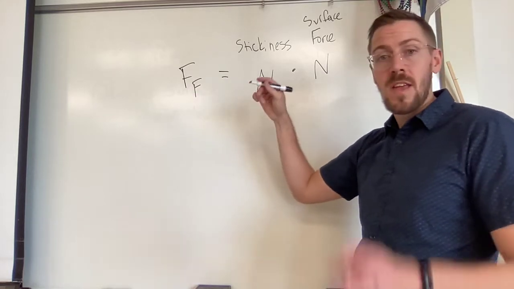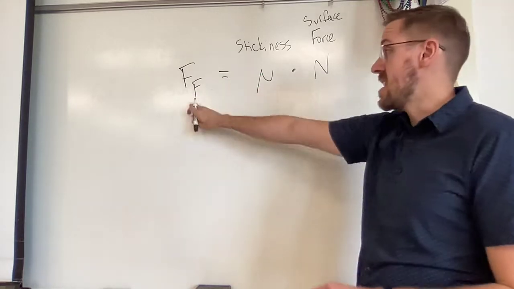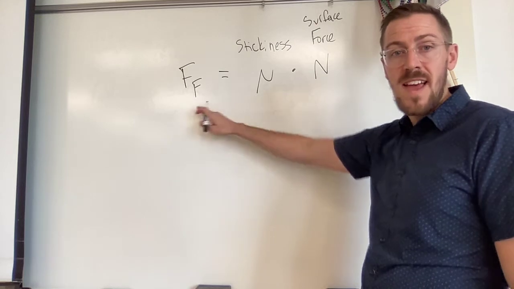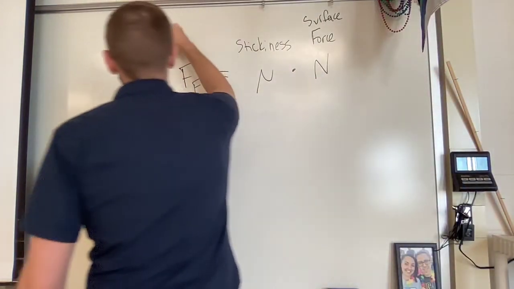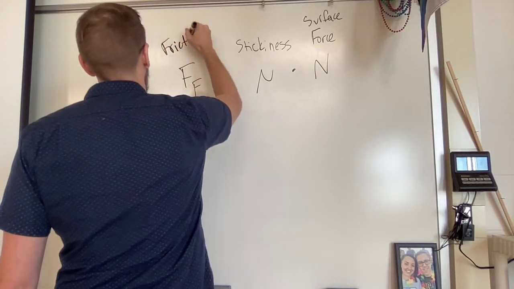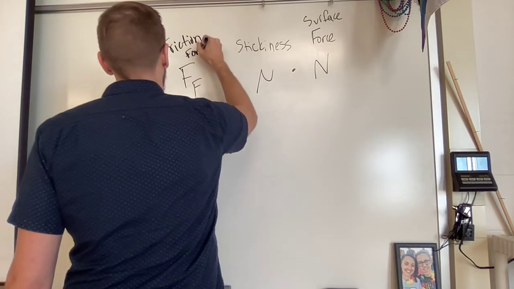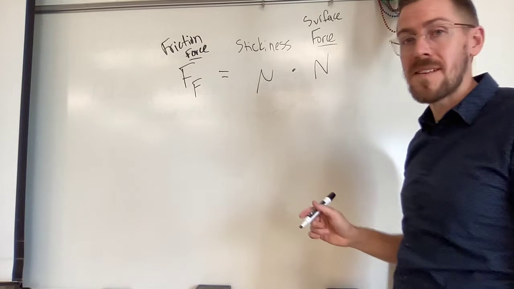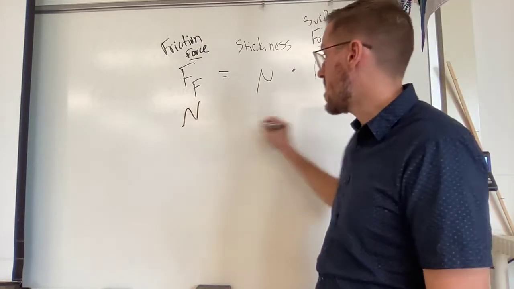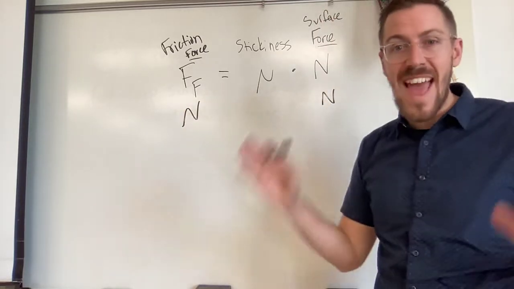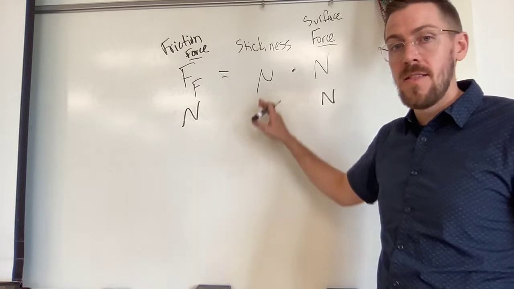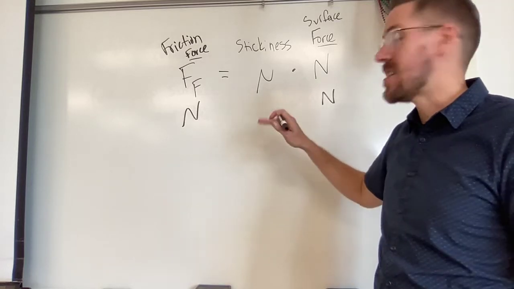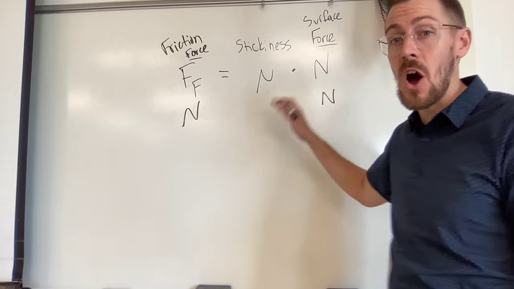Now, let's talk units, because these two things, normal force and friction force, are both forces, which means they're measured in newtons, or just N. This one is the weird one, because it's technically newtons over newtons.